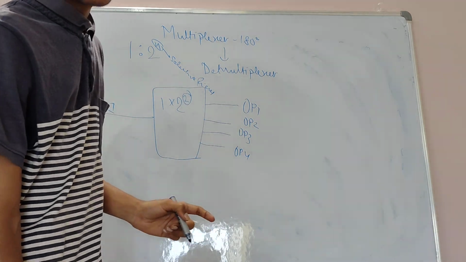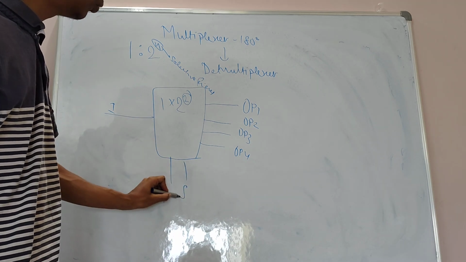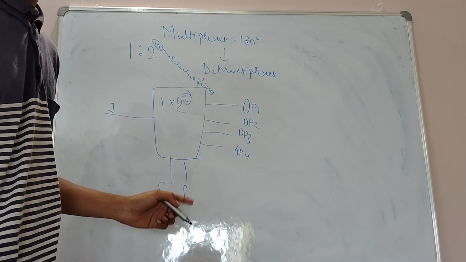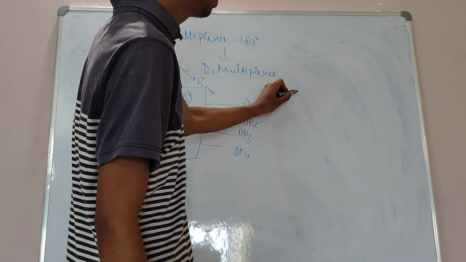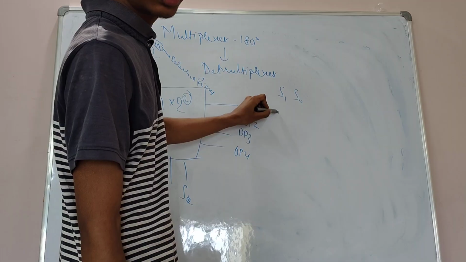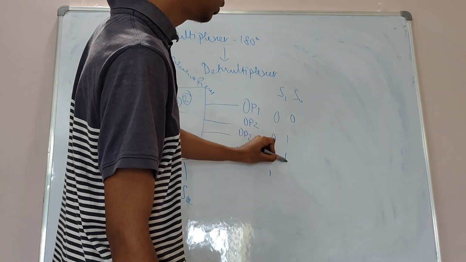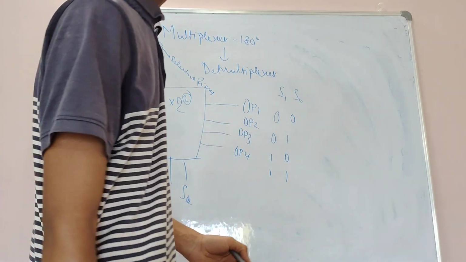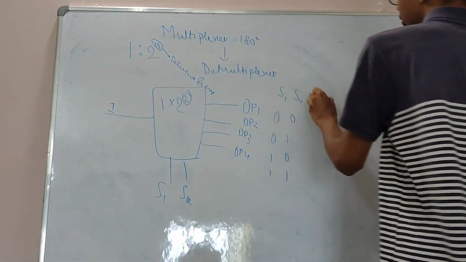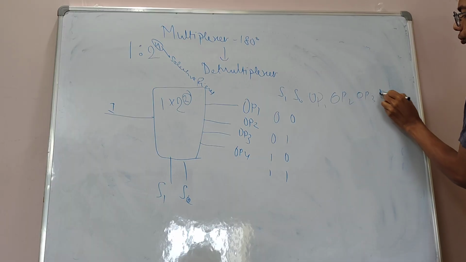Now there are 2 selection lines, so I have S1 and S0, with values 0, 0, 1, 1, then 0, 1, 0, 1. And then I will have my outputs. So this is output 1, output 2, output 3, output 4.